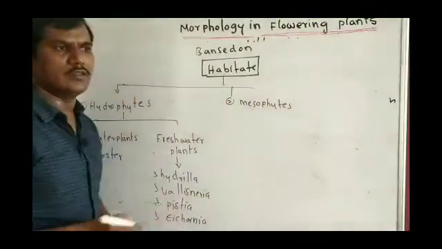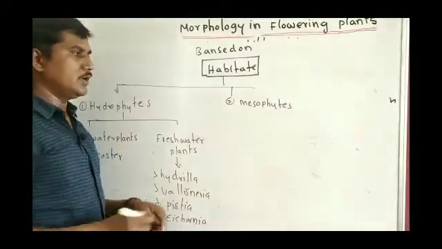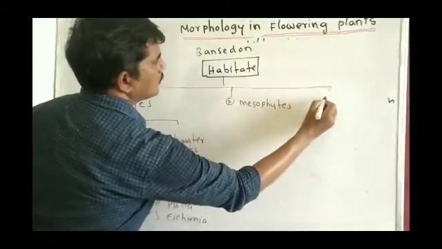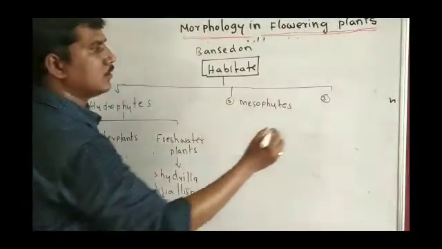Those plants growing on the land or terrestrial region we call mesophytes. Then third one, xerophytes.